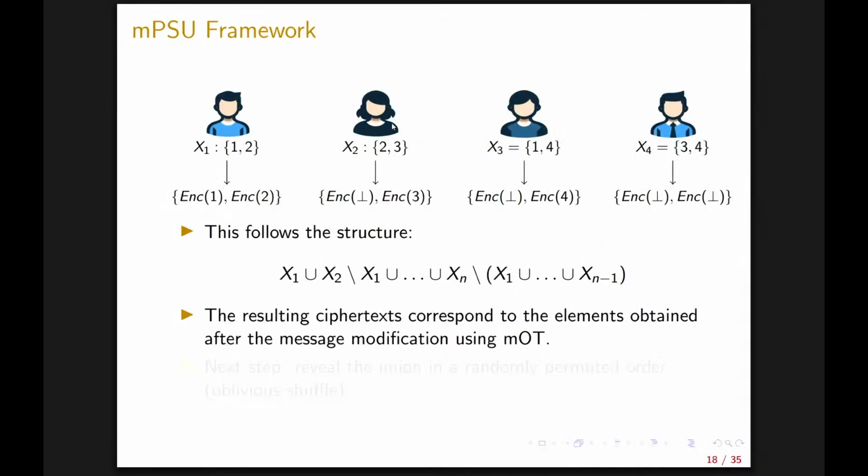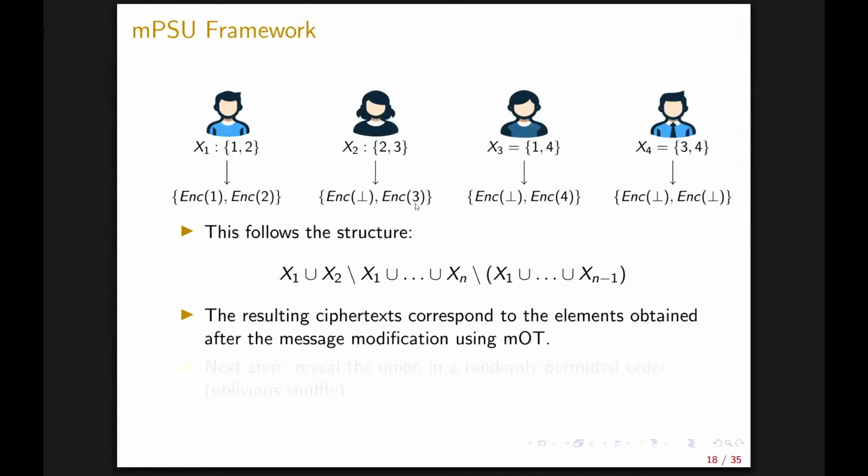So you can see X1 still maintains the encryption of 1 and the encryption of 2, right? We want to put everything under encryption because we don't want to reveal which party has it and how many parties have the value. For P2, because number 2 appeared in X1, you have the encryption of some garbage and number 3.